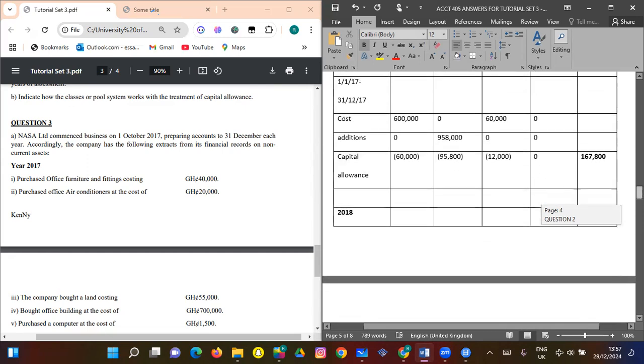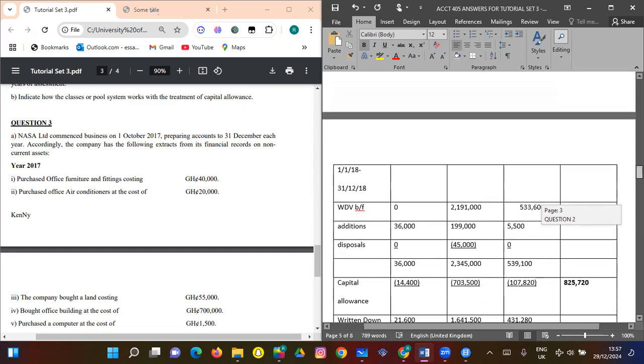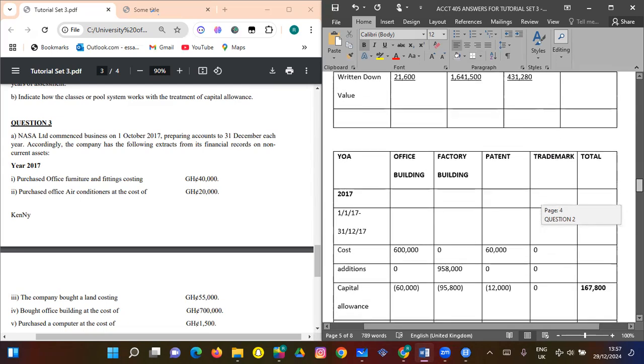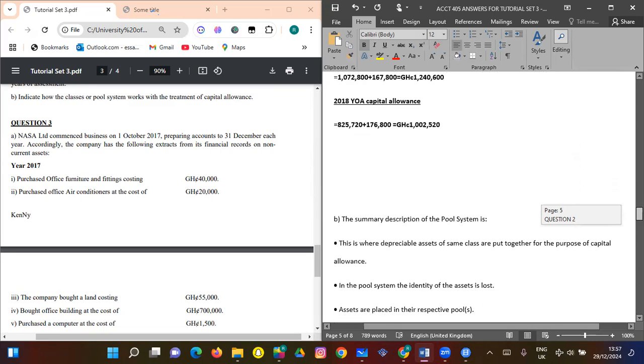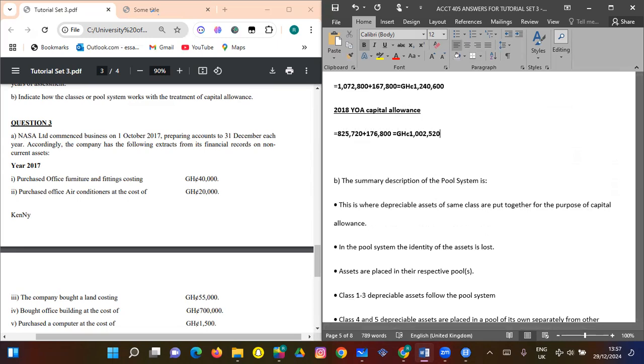So at the end, I need to add them. If I squeeze all of them into one table, the figures will be small, small. So I did it this way, and that's basically it for the A part of this question.